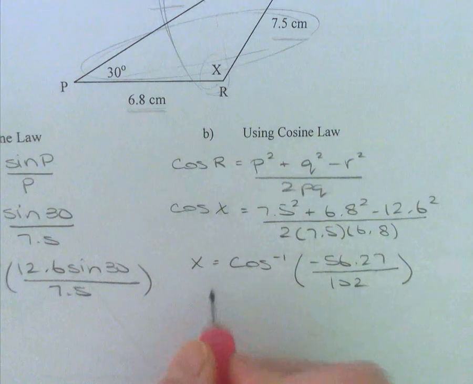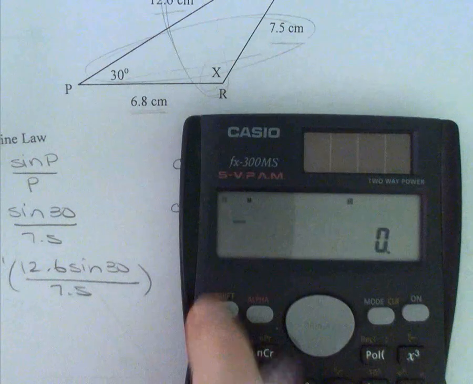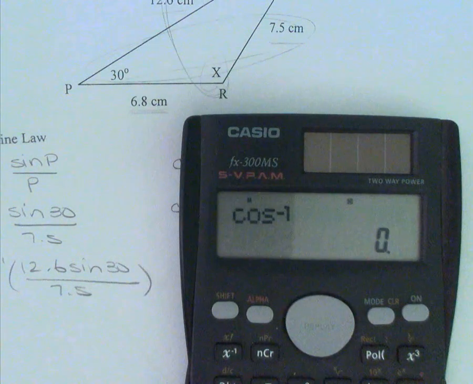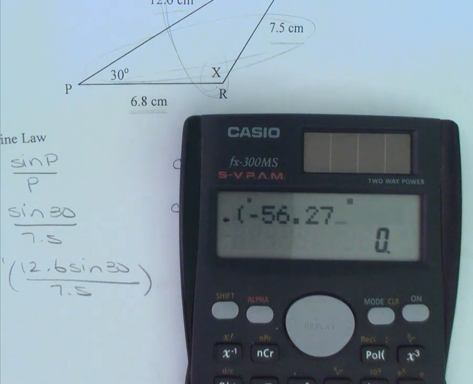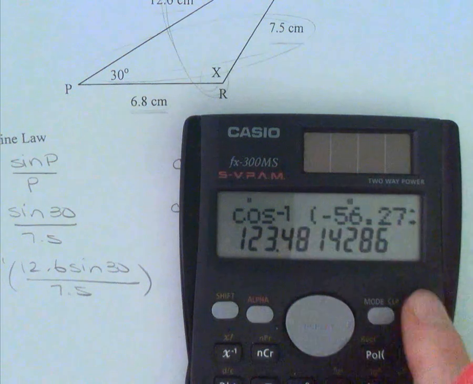And I want to do cos inverse of those. So I'm going to do cos inverse, and bracket, minus 56.27, divided by 102, and then close my bracket. And again, I want to round. I get 123.